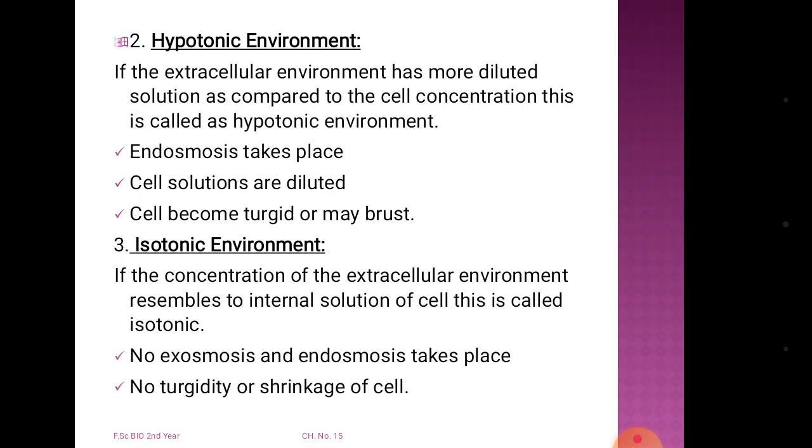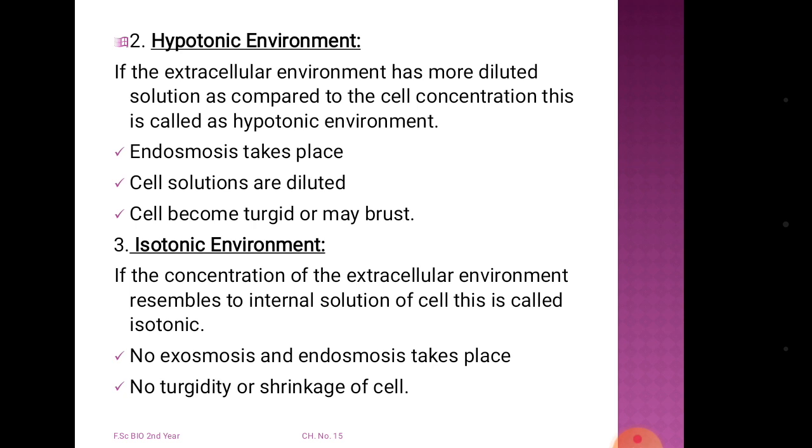While in the hypotonic environment, the salt concentration is less as compared to the hypertonic environment. If the extracellular environment has a more dilute solution as compared to the cell concentration, this is called the hypotonic environment.